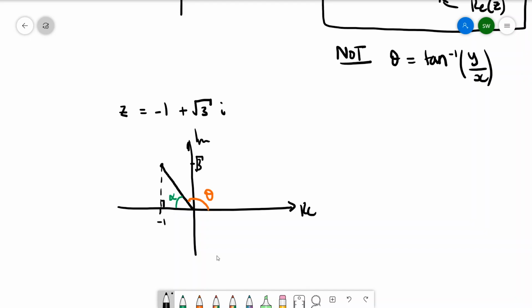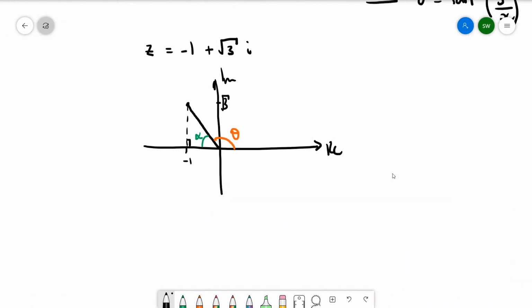So tan alpha is the opposite side length, which is root 3, and the adjacent side length is 1. So you'd find that alpha is pi over 3.